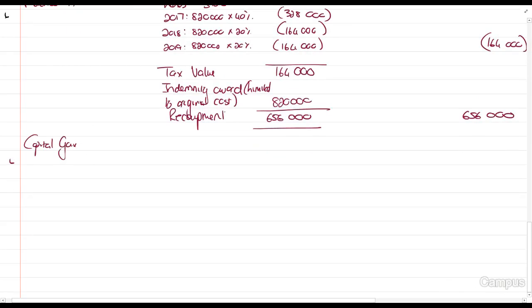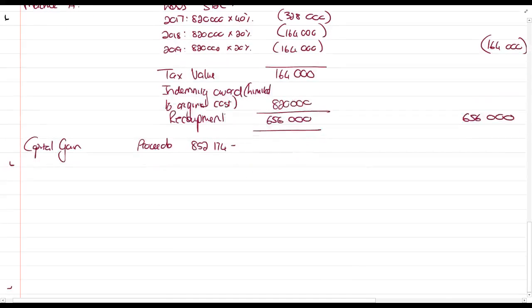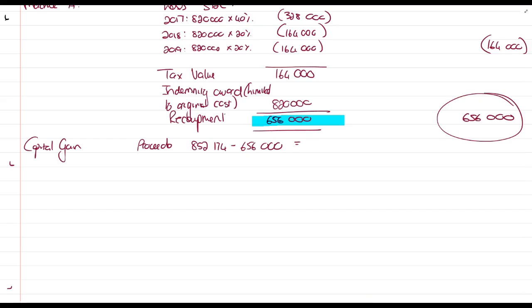Capital gain then. Proceeds is that 852,174 minus my recoupment amount. Right, not the amount necessarily that I've included over here, but the amount that we've calculated over there.